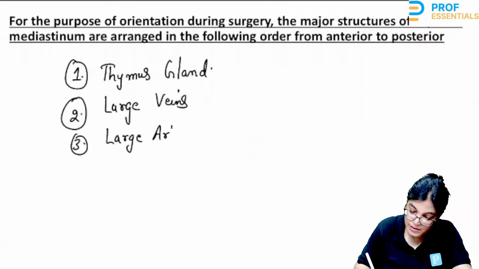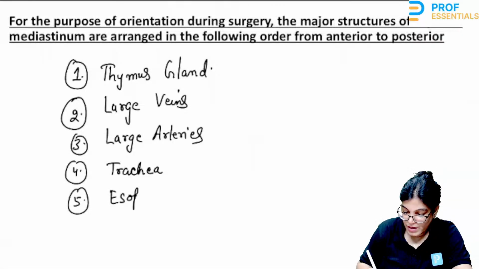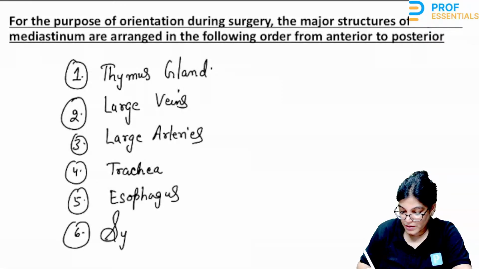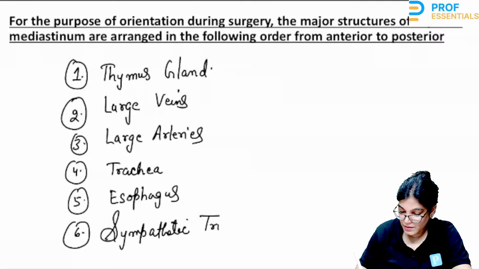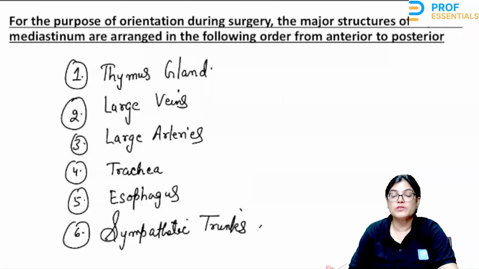We will then have the trachea, and then the esophagus. And most posteriorly we will have the sympathetic trunk or chain. So this is how we have the arrangement of structures as you proceed from anterior to posterior.